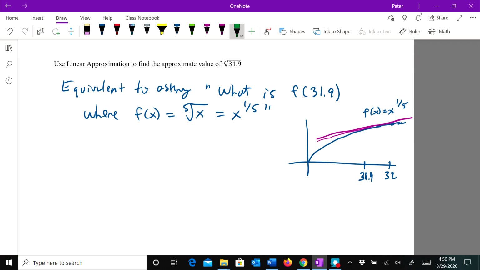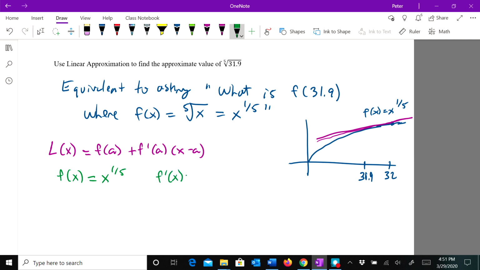Okay, so since we know what f of x is, what we want to do is find its derivative. Recall that the expression for L of x is equal to f of a plus f prime of a times x minus a. So here we have f of x equals x to the 1/5. So f prime of x equals 1/5 x to the negative 4/5.